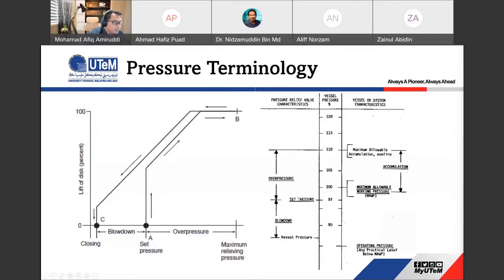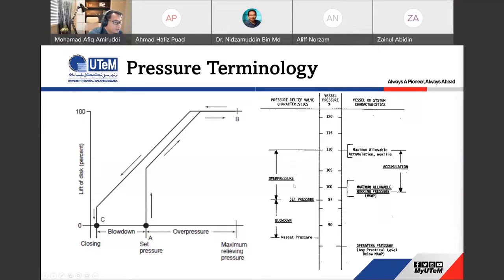Usually, if we set the set pressure at, for example, 97 kilopascal or bar, we only let the pressure safety valve or pressure relief valve lift the disc up to 110.